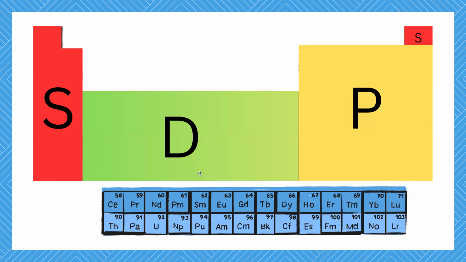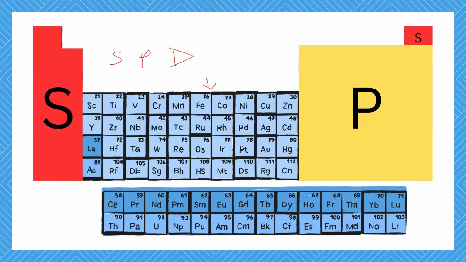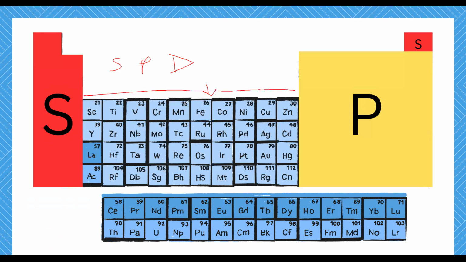Beautiful. So the next block that comes is the D block, I beg your pardon. We have dealt with the S block. We've dealt with the P block. The next one is the D block, and this is where it is located. If I back up a little bit, you will see where the D block is located from here all the way to this point, and then from here all the way to this point.